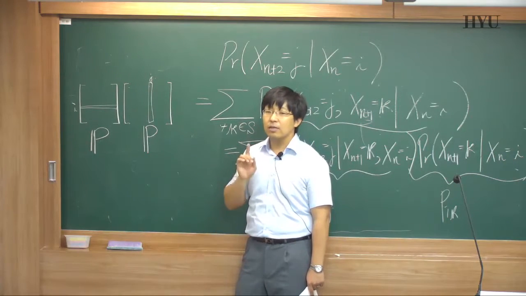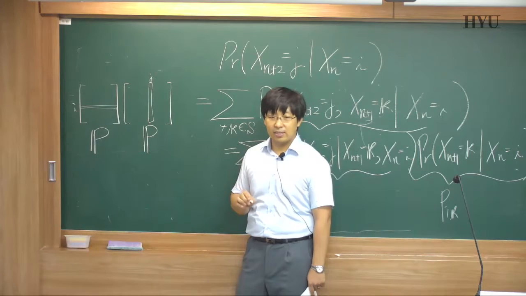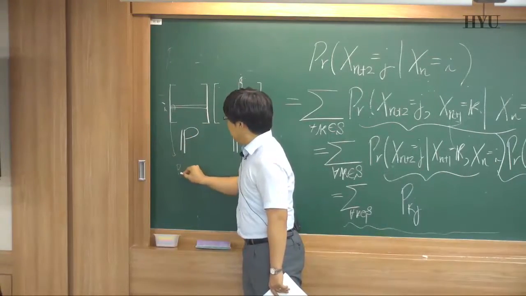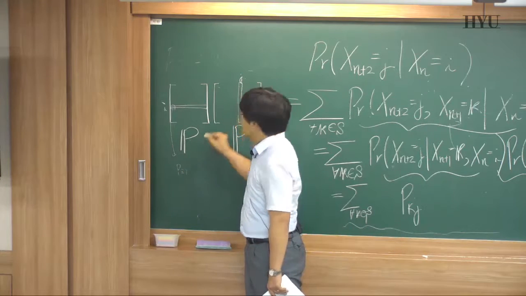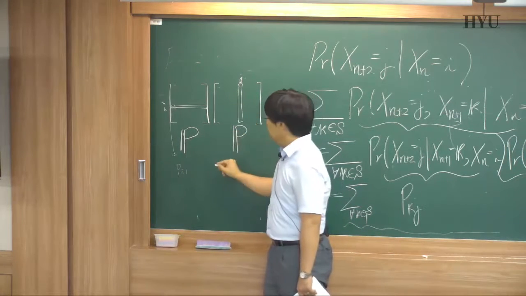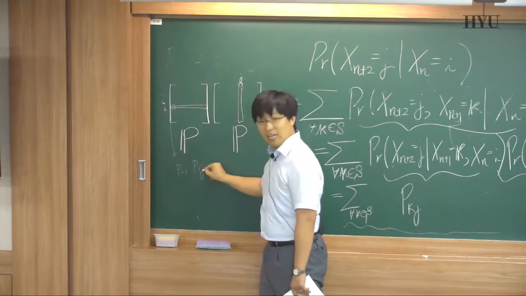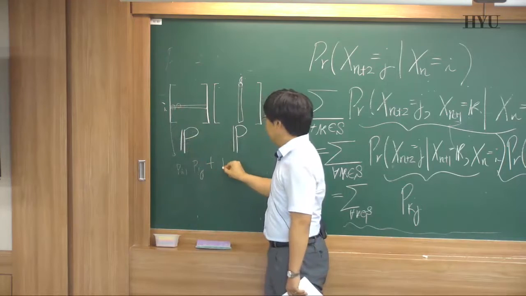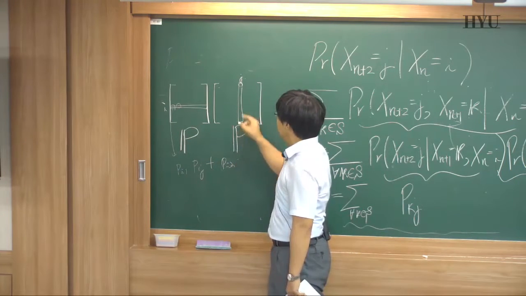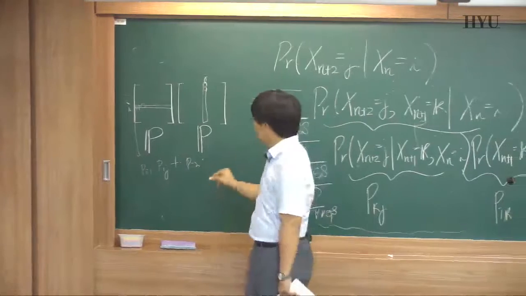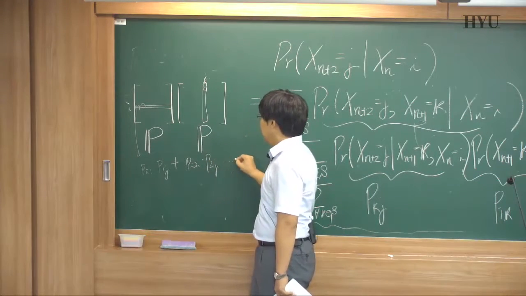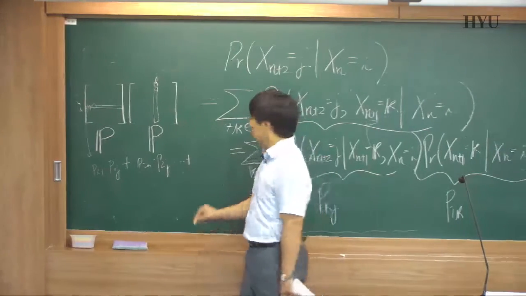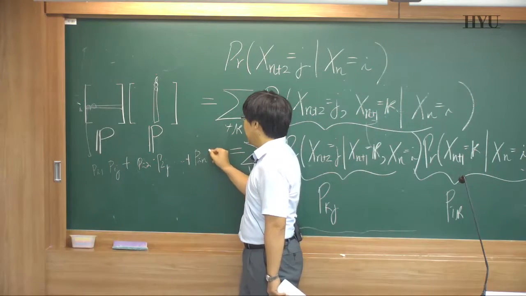Times means the product of the vectors, right? The first one of this row is p_{i1} and the first one of this column is p_{1j}, plus the second one of this row p_{i2} times the second of this column p_{2j}, up to, if we have n states, p_{in} p_{nj}.